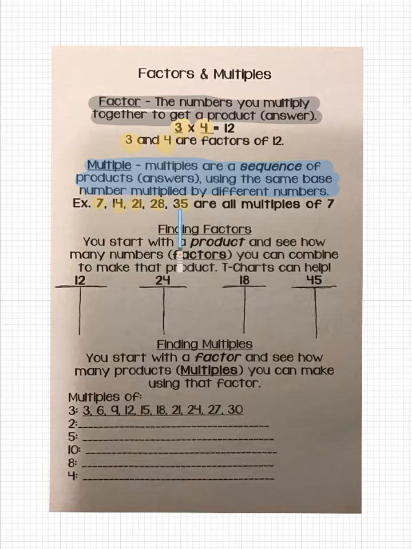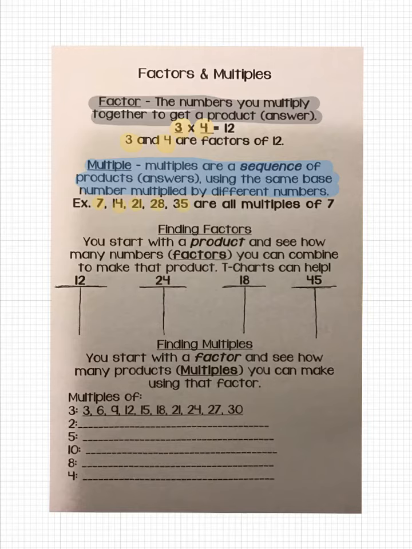Those are the answers, the products in a sequence of the base number 7. So multiples of 7 would be 7, 14, 21, 28, 35. Multiples of 3 would be 3, 6, 9, 12. The products when you multiply by that number.